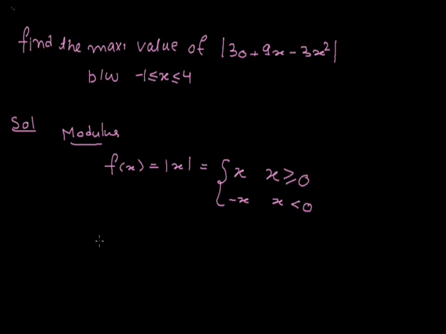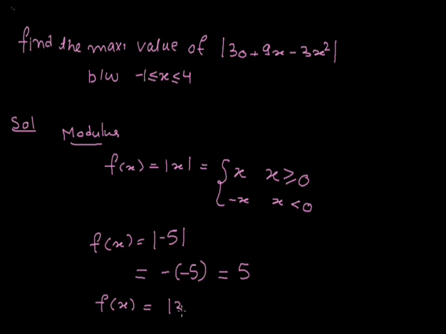Okay, let's have an example. f of x equals modulus of minus 5. The modulus function gives output as minus 5 multiplied by minus. Here the value of x is less than 0, negative, so the modulus multiplies the value inside by a minus sign and gives 5 as output. Let's say f of x equals modulus of 3.